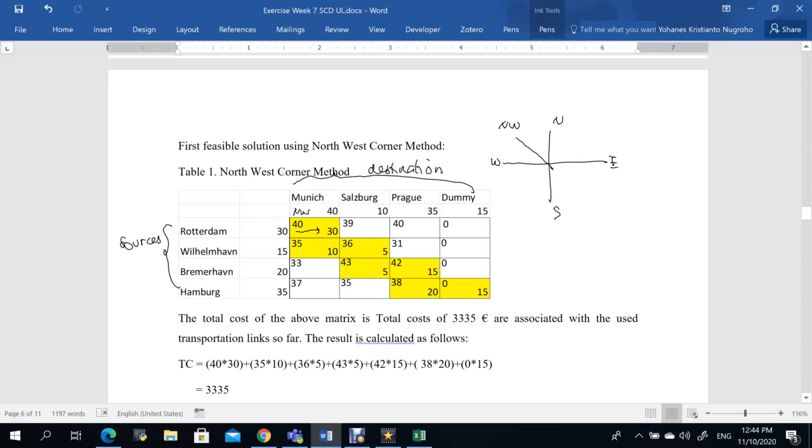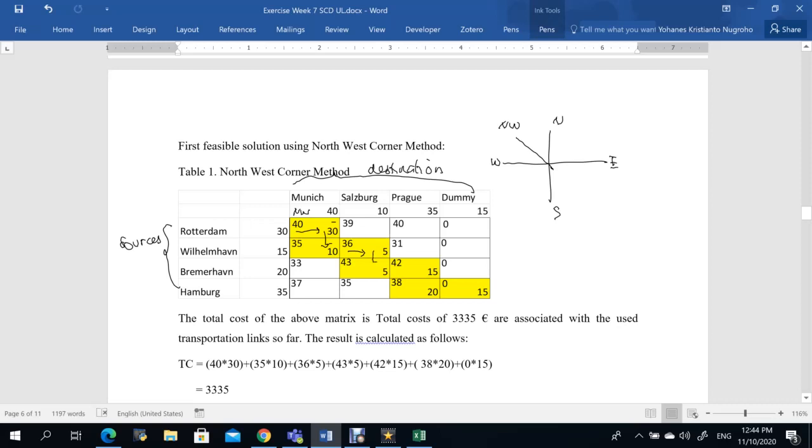And then we go down here, and Wilhelmshaven has 15, and because the leftover demand at Munich is 40 minus 30 equal to 10, we have a leftover of 5 as leftover capacity at Wilhelmshaven, and it goes to the next destination, Salzburg, because the demand at Salzburg is 10.